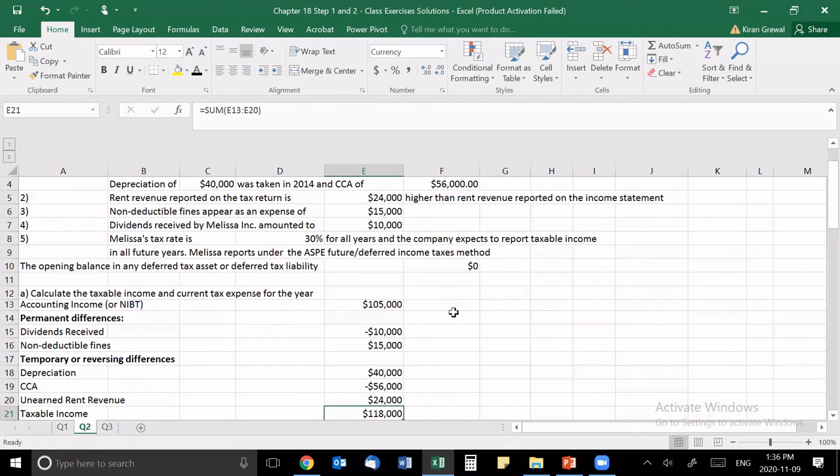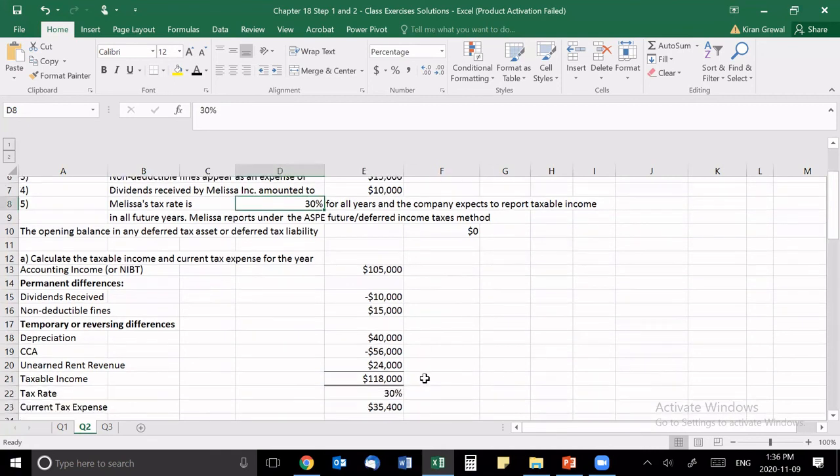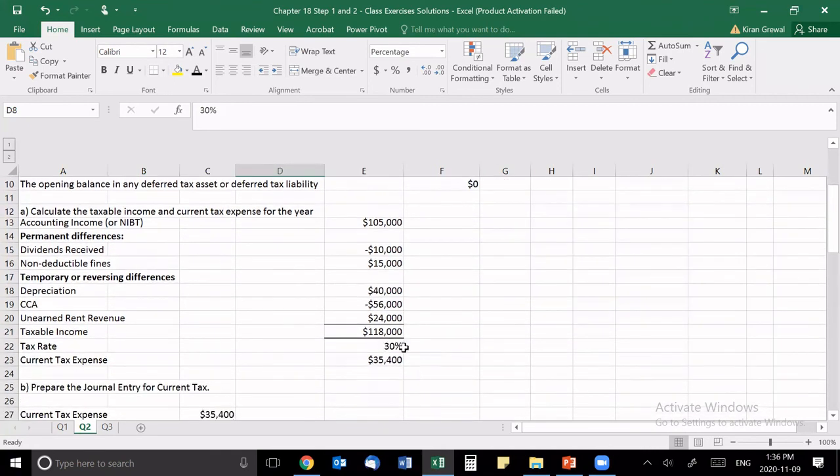So what do we do with this next? We're going to multiply it by our tax rate to get our current tax expense for the year. So multiply by tax rate 30%, and $35,400 is how much tax expense we have to pay. So that's going to be our current tax expense. Part B says prepare the journal entry for current tax.